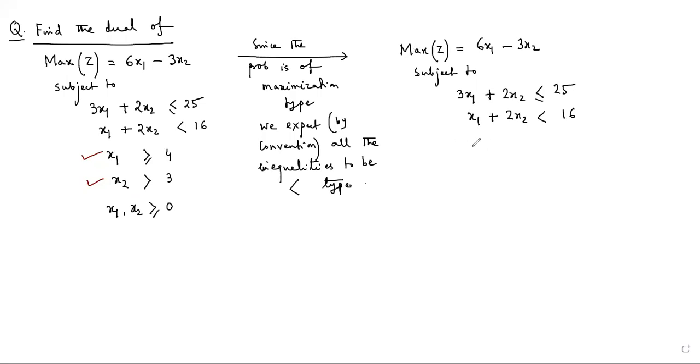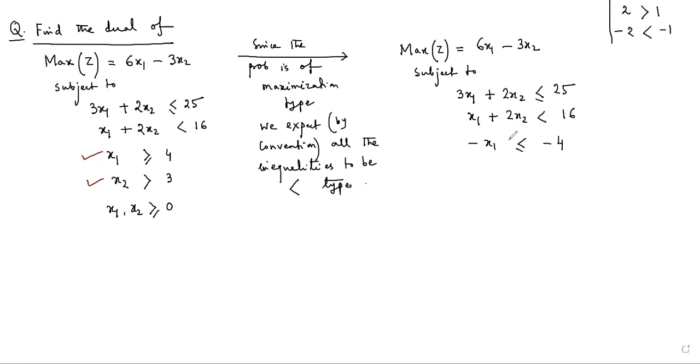So what we can do, we can multiply both sides by -1, and we can make it like this. When we multiply both sides of an inequality by a negative number, the inequality changes, because as you know, 2 is greater than 1. So when we multiply both sides by -1, we get -2 and -1, but the inequality changes.